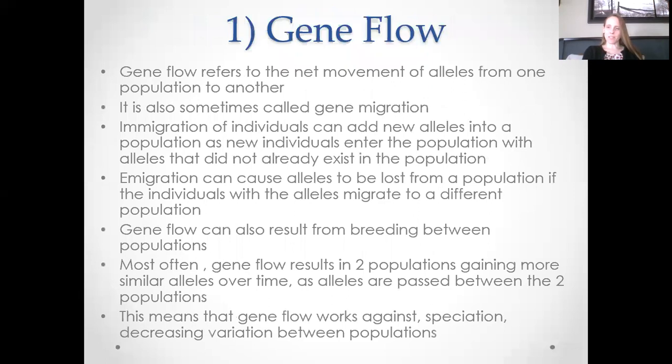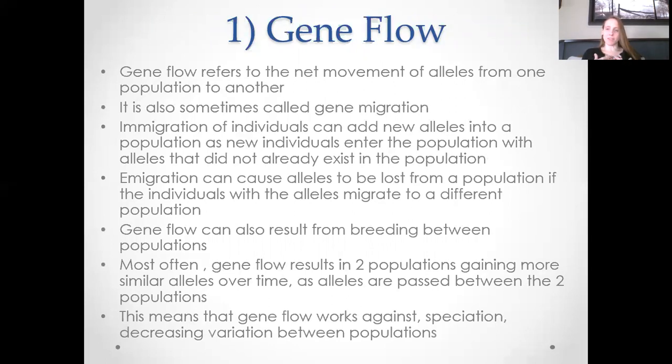So gene flow we talked about in yesterday's lesson as well, this idea that gene flow is the movement of alleles from one population to another, also called gene migration. Essentially, anytime individuals come into the population through immigration, they will be bringing in new alleles with them.